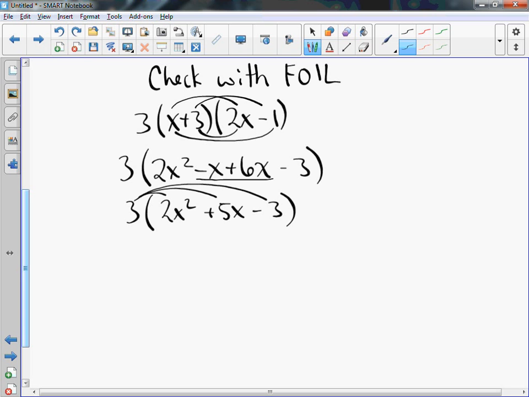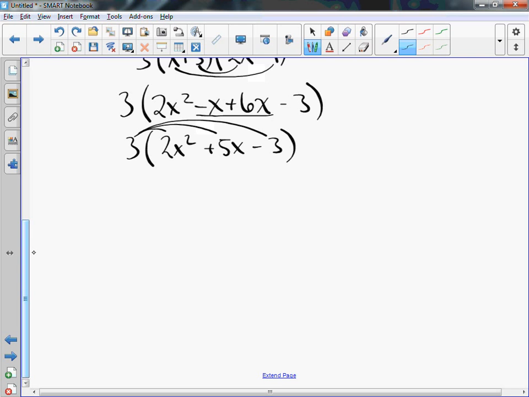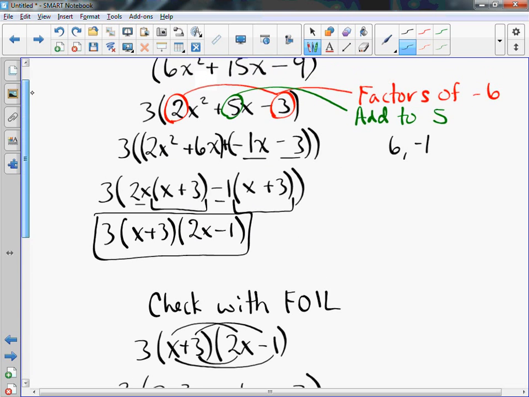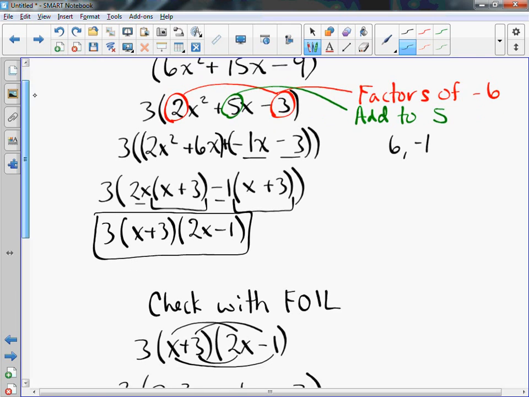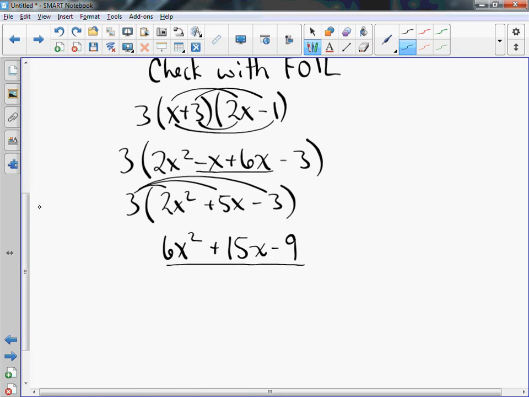Remember, we're just checking here. This isn't necessarily part of the problem. We've already found our solution. So 3 times 2x squared is 6x squared, plus 3 times 5x is 15x, minus 3 times negative 3, negative 9. Is that the same as what we started with? 6x squared plus 15x minus 9, it is.